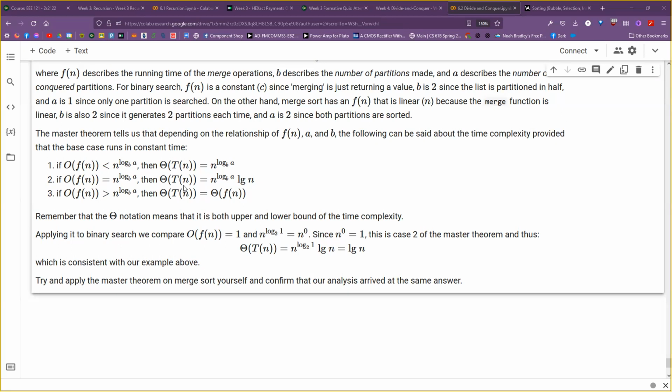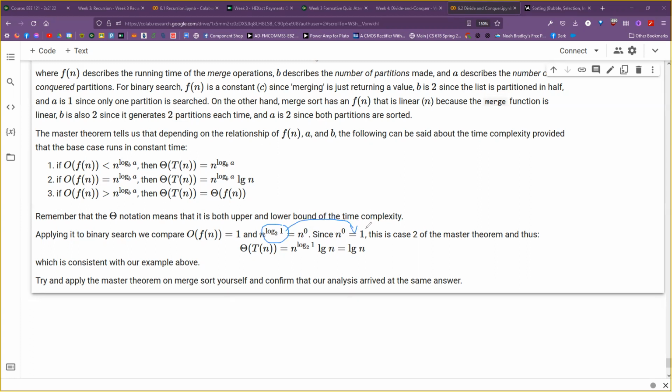Then, ayun nga, pwede mo itong i-apply sa ating nakaraang functions. So, yung binary search natin, f of n is equal to 1, and then we have two partitions, but only one partition is explored, basically. So, n to the log b of a, ang kanyang log b of a is equal to 1.